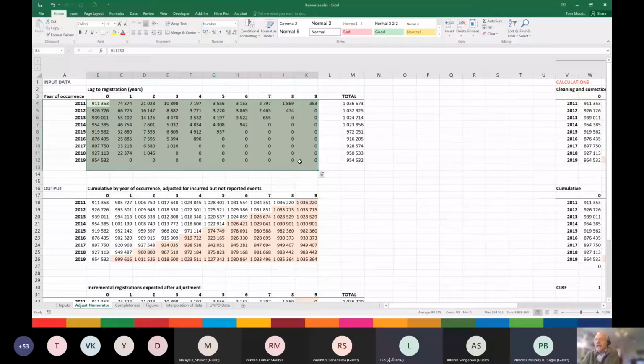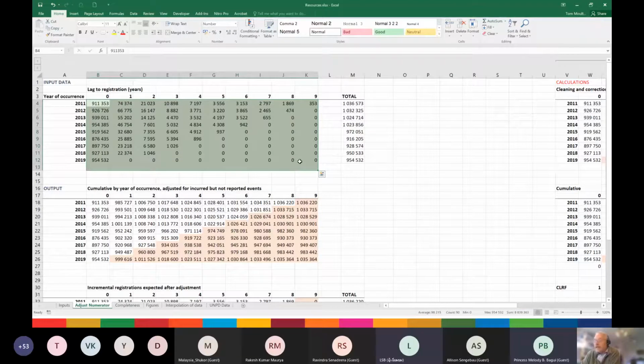And so you'll expect to find a far lesser discrepancy between what we'd call a year 0 estimate of completeness and an ultimate level of completeness than you would expect to find with your birth registration data.